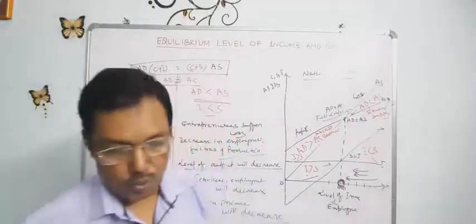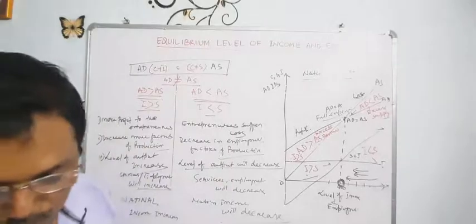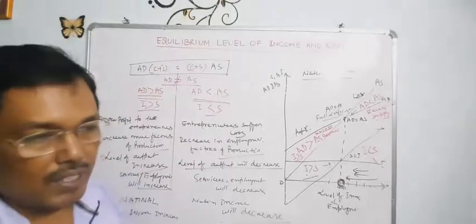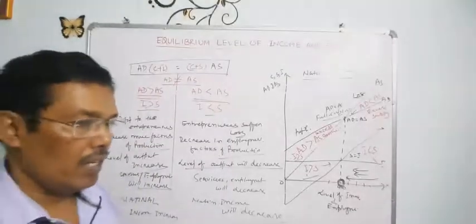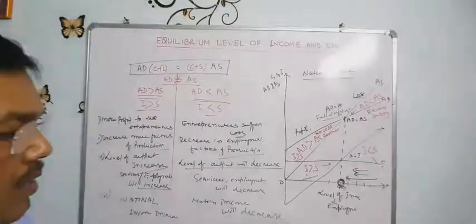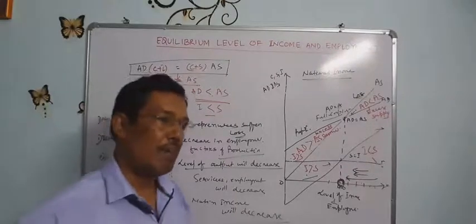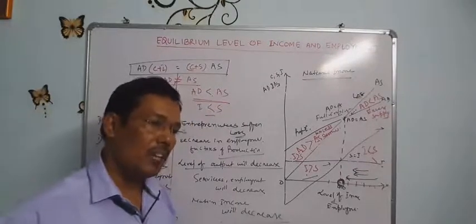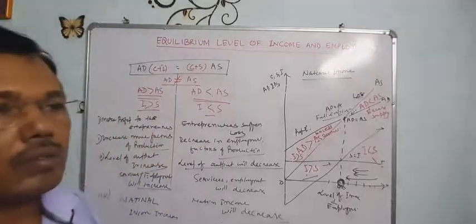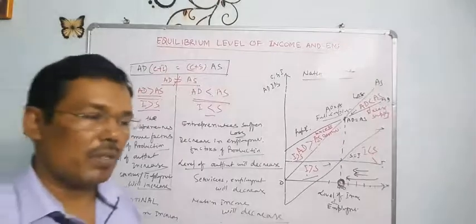In short, we can say that at the equilibrium level of output, planned saving equals planned investment. I use this word here, planned saving and planned investment.